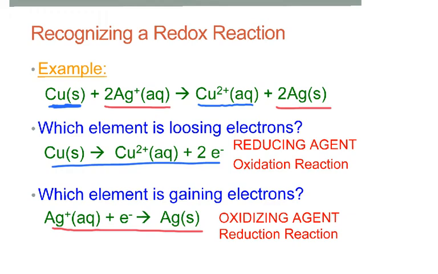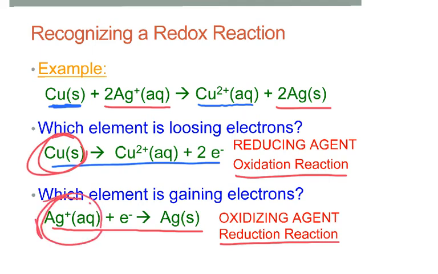So we call copper the reducing agent, and we call silver the oxidizing agent. I think it's best to figure out what part is the oxidation reaction and what part is the reduction reaction, and remember that the chemical species in the oxidation reaction, copper, is the reducing agent, and in this case, silver is the oxidizing agent.